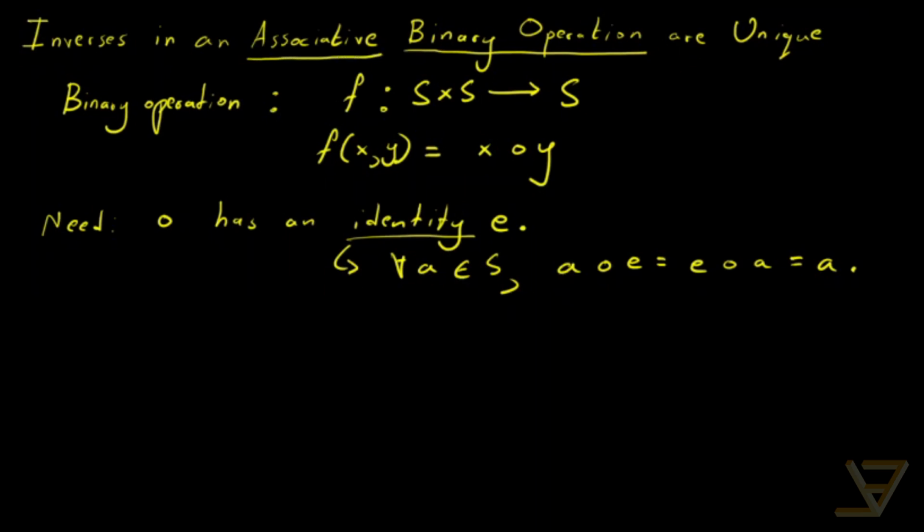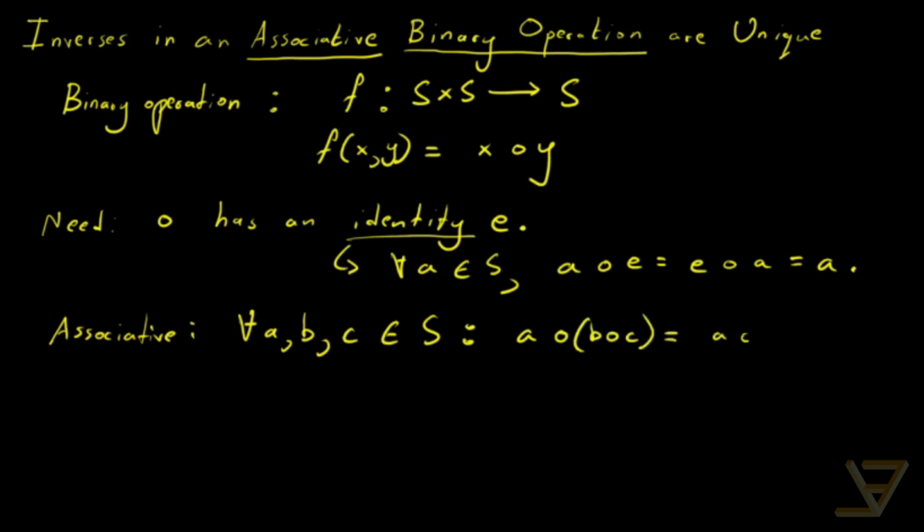So a binary operation is associative if for all A, B, and C in S, A operation B operation C is equal to A operation B with this done first and then C. So we can switch the order of the way the operations are performed, but it stays the same.